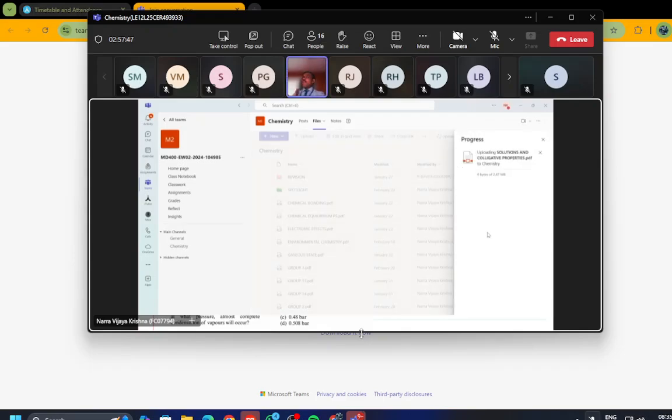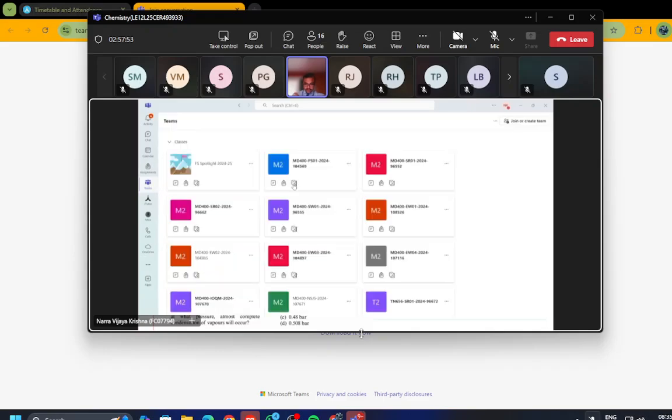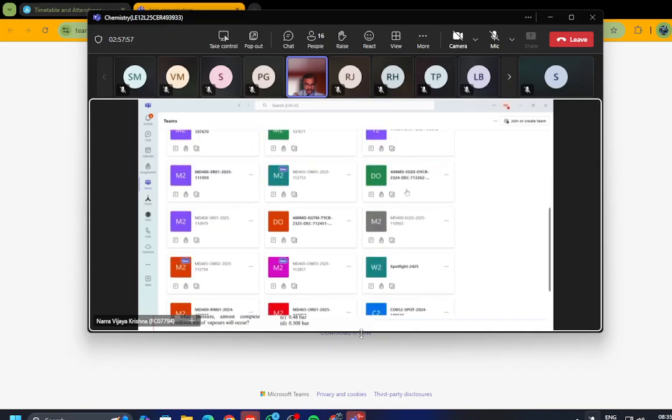Complete chapter notes I have uploaded, including colligative properties also. In SR01 also I am uploading. Where is 2025 SR01?